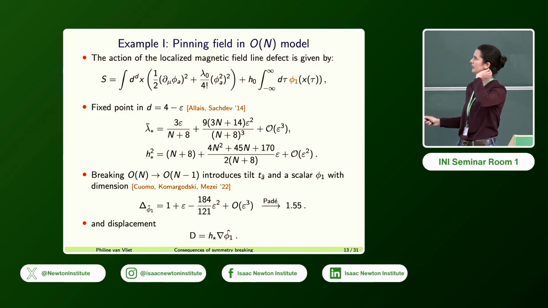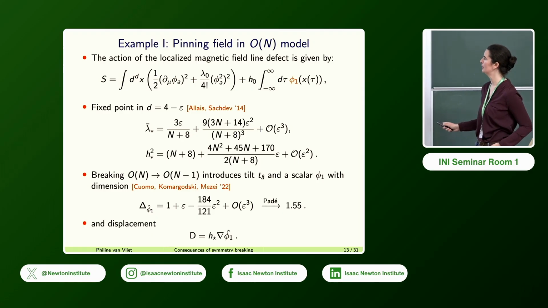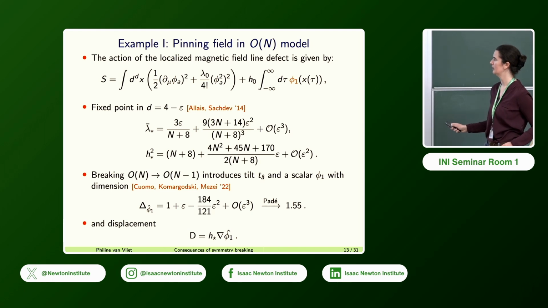And then in the IR, it flows to some fixed point that is given here. So the bulk is the fixed point of the O(N) CFT perturbatively in small epsilon, and the defect fixed point was computed in this paper here.